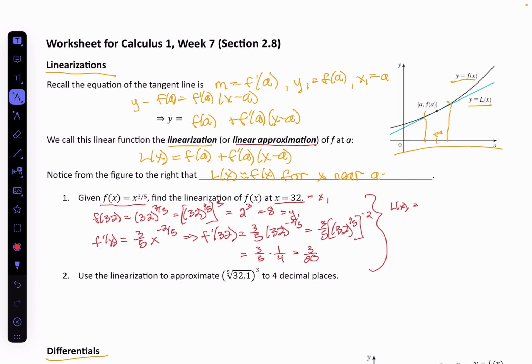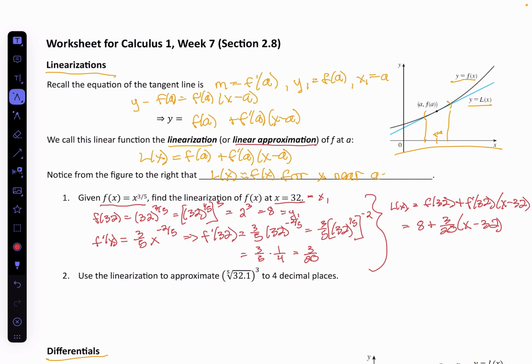Now all of this together will give us what our linearization is. So the linearization, according to our formula, would be f of 32 plus f prime of 32 times x minus 32. And plugging in the values that we have, f of 32 is 8, f prime of 32 is 3/20, and x minus 32.